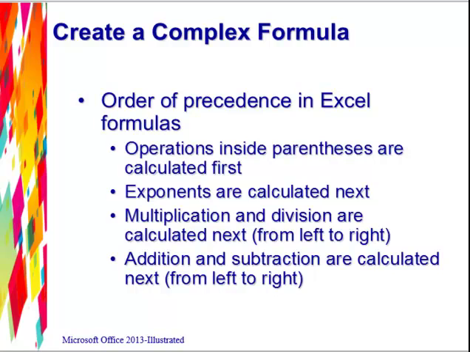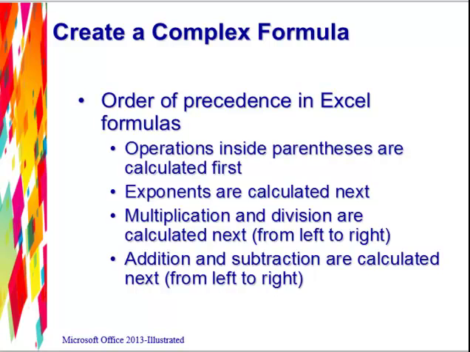Now again, order of precedence in Excel formulas is just like any other mathematical order of precedence. Operations inside parentheses are always calculated first. Exponents are calculated next, then multiplication and division, and then subtraction and addition are the last ones.